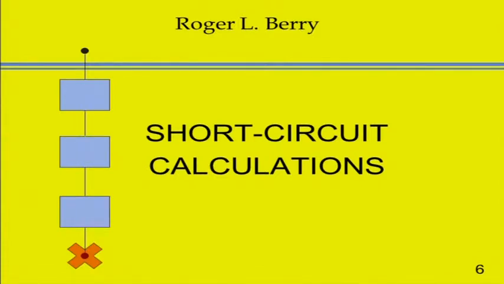So in this little diagram here, a one-line diagram, source is up here, and down at the bottom I've got a fault that's taking place. Now, when that happens, what we really have to realize is that the current is flowing through the source and through that system, through the fault, back to the source, and so we have to come up with a way to be able to calculate all of the impedances that would slow down the current, that would limit the current in that kind of circuit.